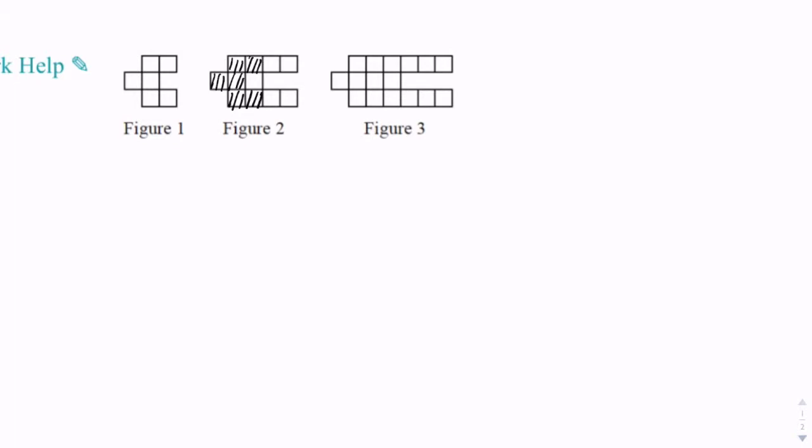Now I can see that they're adding 2 tiles up here, 2 tiles here, and 1 tile here. That pattern is going to hold true. In figure 3, they added 2 tiles here, 2 tiles here, and 1 tile here. So every time they're adding 5 tiles.